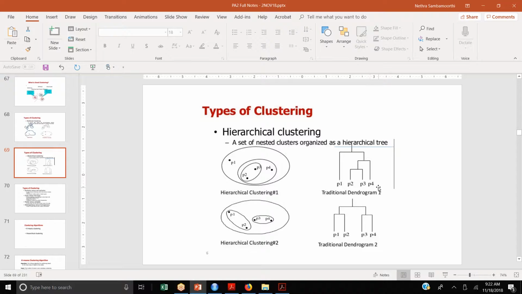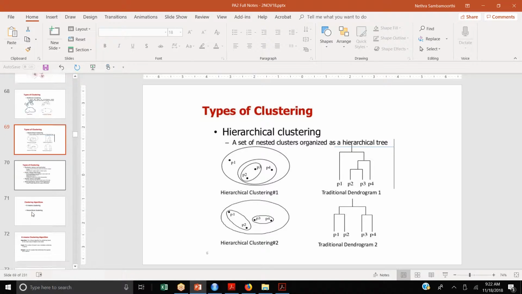P2 and P3 are connected to P4 at the level where the distance is defined, and finally P1 is part of the whole hierarchy, whole group. The graphical representation is called a dendrogram, and that is commonly used for hierarchical clustering.